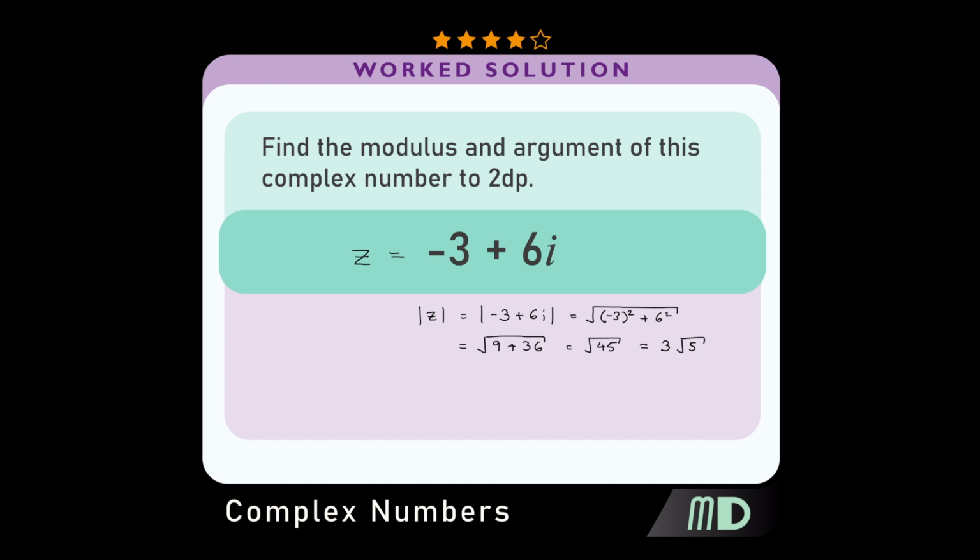Then, forming a right-angled triangle, we can use standard trigonometric ratios to find the size of the acute angle in radians between the complex number and the real axis, before subtracting this value from pi to find the argument.